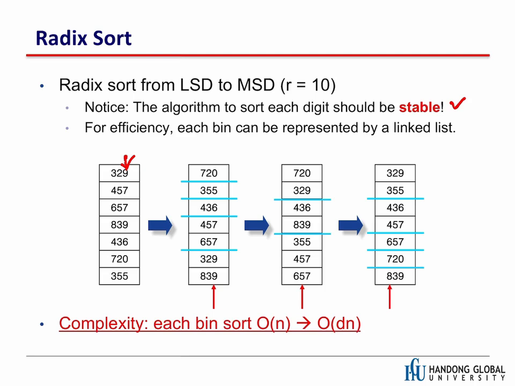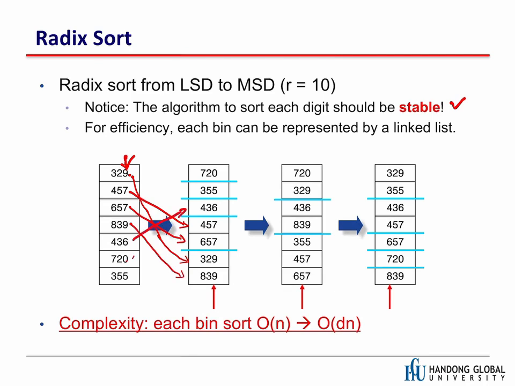So let's try this example. Okay, so first let's sort these keys based on the third digit. So this one is a 0. Okay, let's follow this process one by one. So this is 9. Okay, 9 goes here, and the 7.